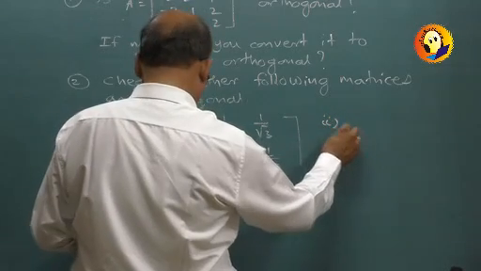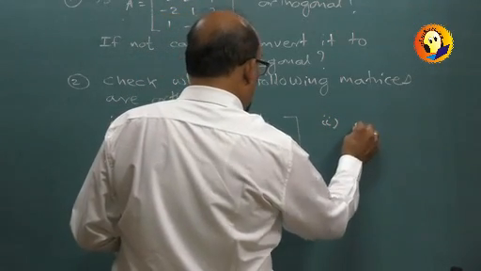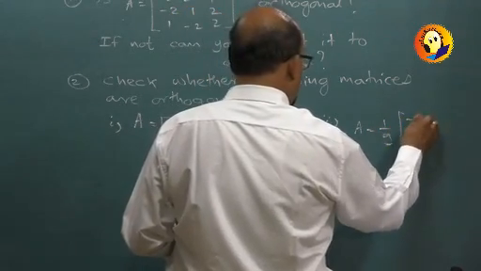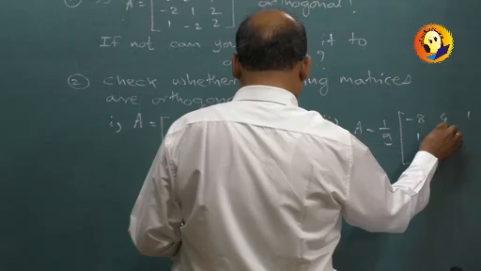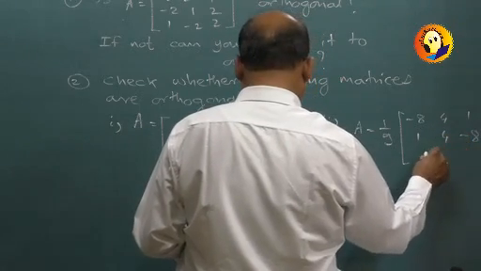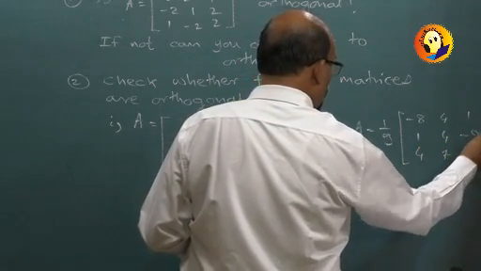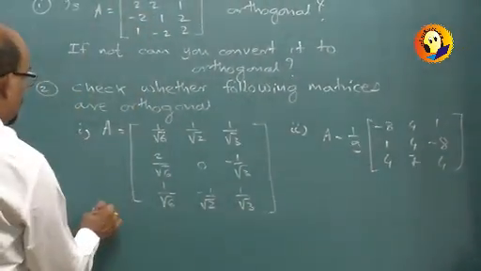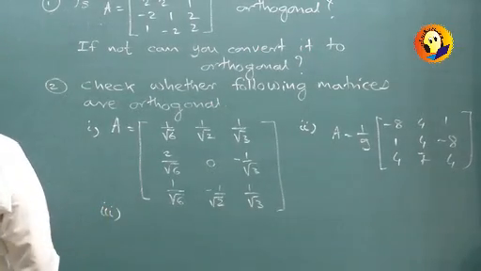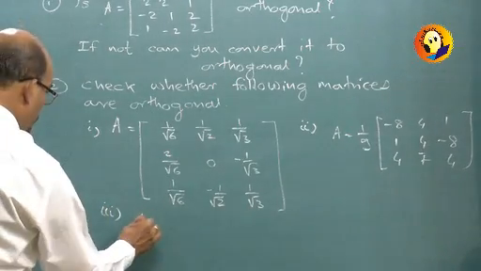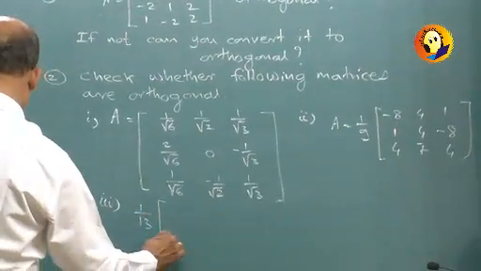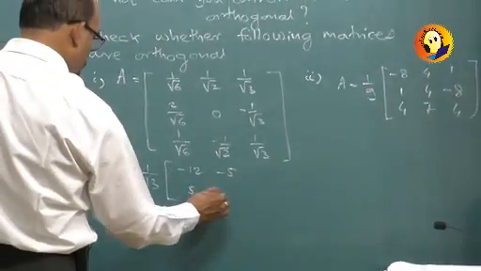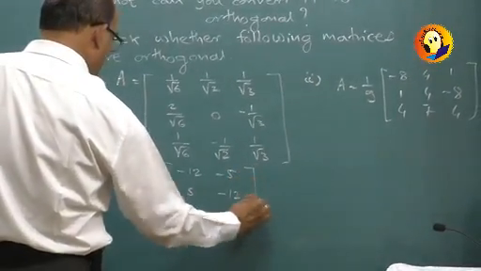Second, A equal to 1 by 9 [minus 8 4 1; 1 4 minus 8; 4 7 4]. Third, 1 by 13 [minus 12 minus 5; 5 minus 12].